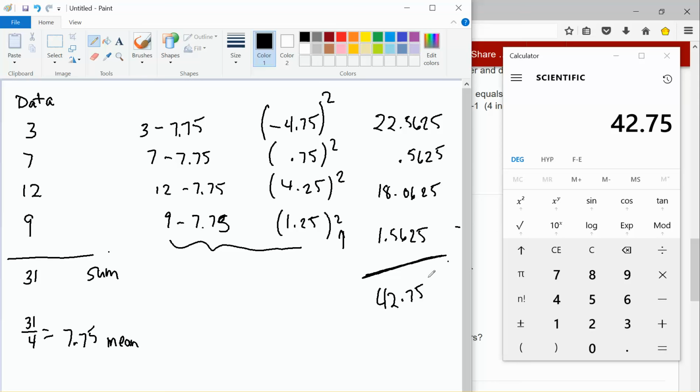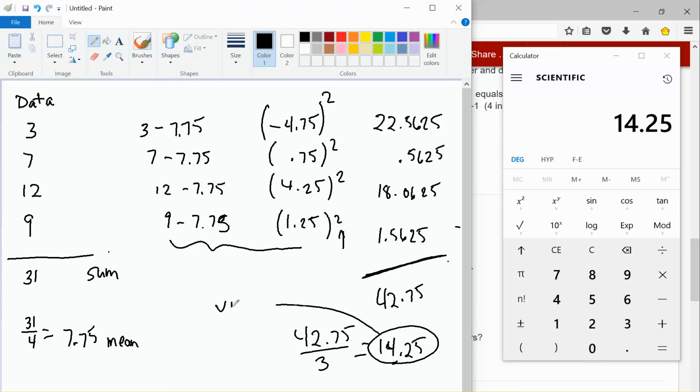And as I said, I'm going to divide by 3, not by 4. 42.75 divided by 3. My calculator tells me that's 14.25. This number is the variance right here.